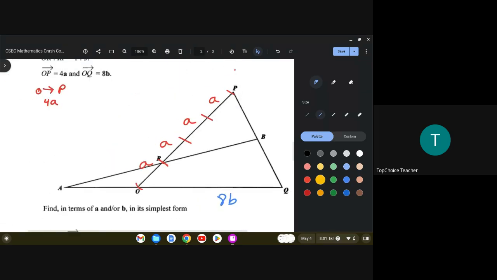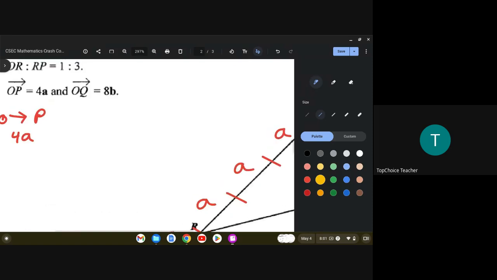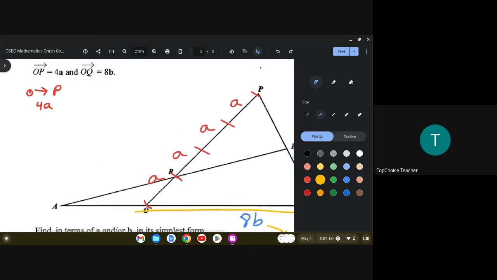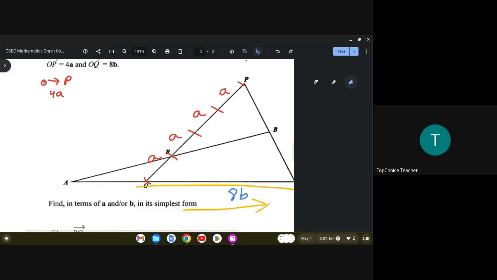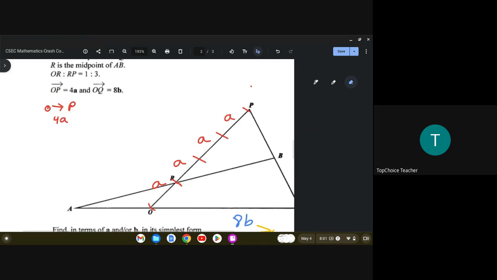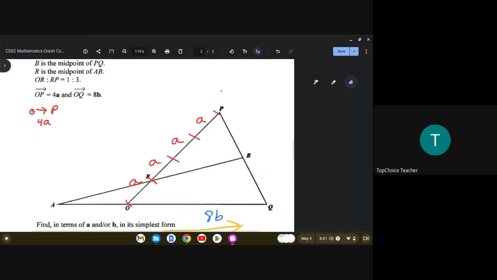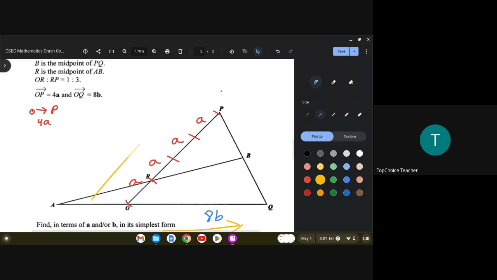Because with vectors, direction is important, I'm going to draw this yellow arrow to indicate I am going from O to Q, because that is what my vector had, O to Q. For the first one we did, O to P, I'm going to put an arrow going upwards from O to P as well.